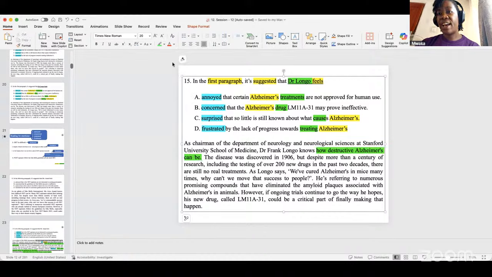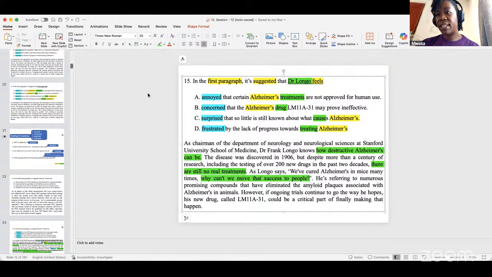Why can't we move that success to people? He's referring to numerous promising compounds that have eliminated the amyloid plaques associated with Alzheimer's in animals. However, if ongoing trials continue to go the way he hopes, his new drug called LM11A31 could be a critical part of finally making that happen.